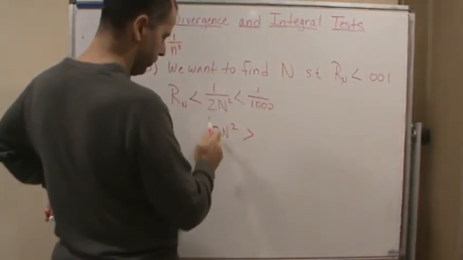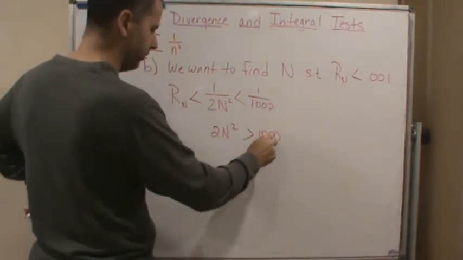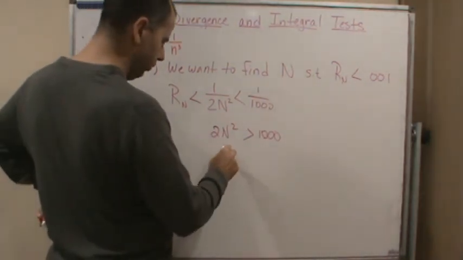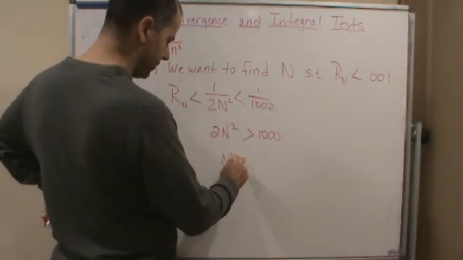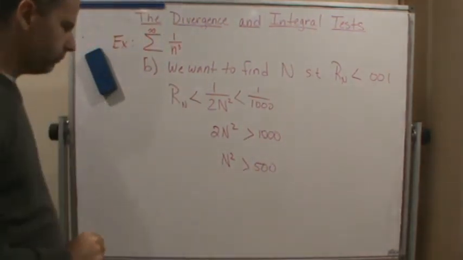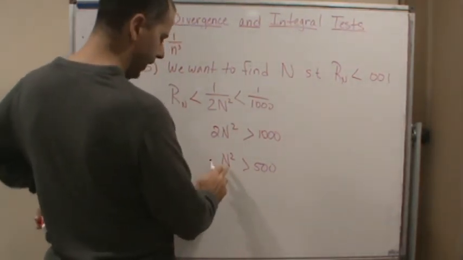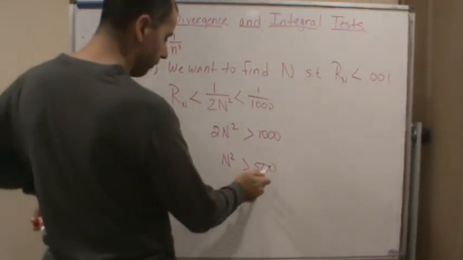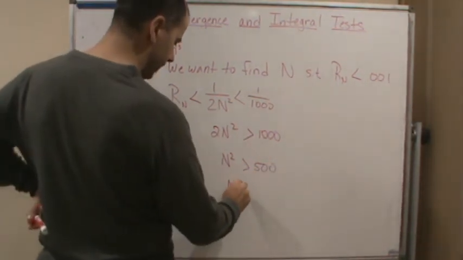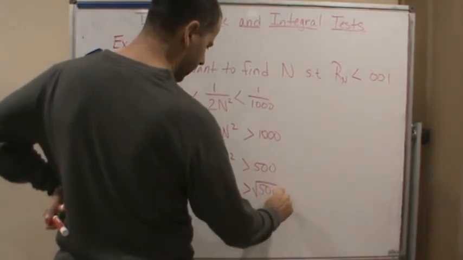So if we take the reciprocal of both sides, then we get 1,000. Now I'm going to divide both sides by 2. If I divide both sides by 2, I get N squared is greater than 500. And if I take the square root of both sides, and again, N is positive, so we're only going to deal with the positive value of the square root. So N is going to be greater than the square root of 500.